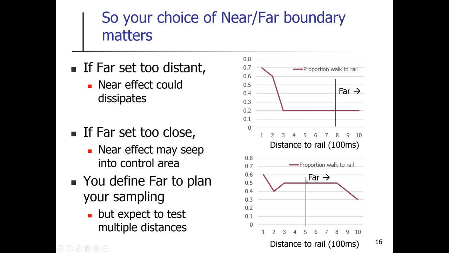If you set the far boundary too close and the effect is continuing beyond that arbitrary boundary, then again, you can have an average no difference between far and near. So you need to define far to plan your sampling, but expect to test multiple distances and to be sensitive to how those distances vary, just the way Brian did in the end of his presentation.